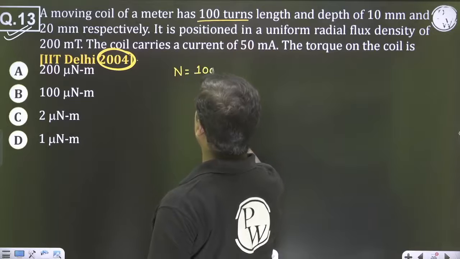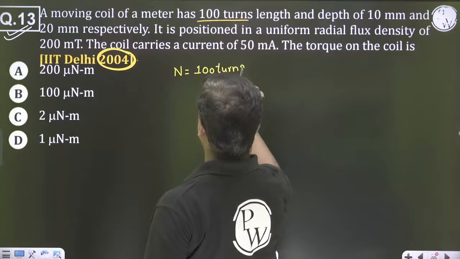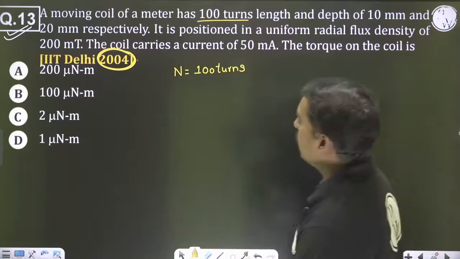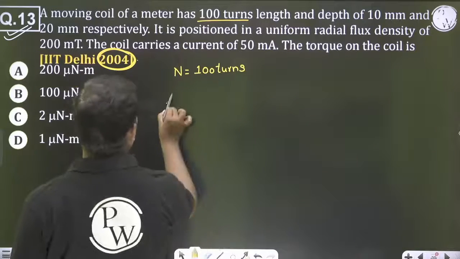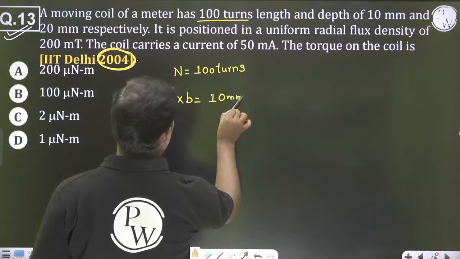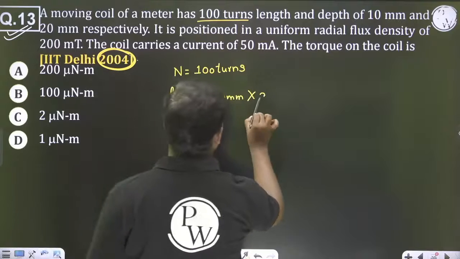The question is related to the PMMC working formula. 100 turns are there. Length and depth are 10 mm cross 20 mm respectively. That means length and breadth are given as 10 mm cross 20 mm.